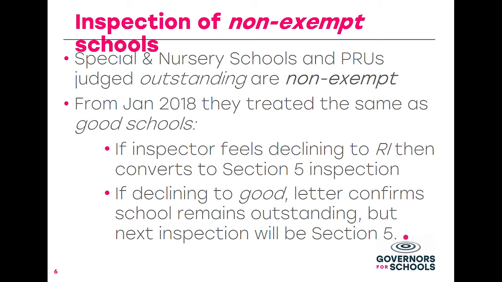If the school provision looks like, from that initial 1-day view of the inspector, as a school that is good but not outstanding, then there will be a letter, an Ofsted letter rather than an Ofsted report, that goes to the school, and it still remains outstanding because a 1-day inspection cannot change the designation, but it will identify those areas where that school or provision needs to improve in order to be outstanding in the future, and the next inspection will be a Section 5 inspection, a 2-day inspection.